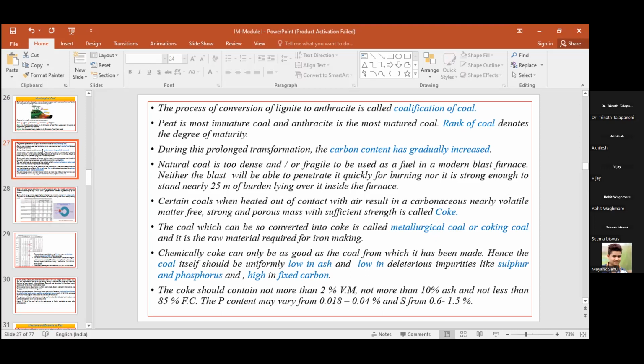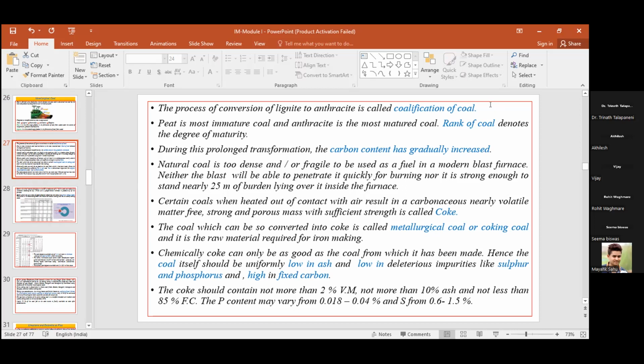Among all these, peat is the most immature coal, meaning it has very little carbonaceous matter. And anthracite is the most matured coal because by that time a good amount of carbonaceous matter is developed in that woody mass.